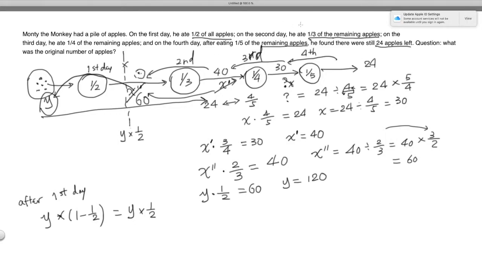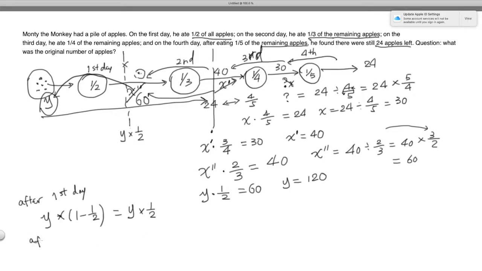Now, this is exactly the number he starts with on the second day, and Monty ate 1/3 of y times 1/2. So what is going to be the number after the second day?